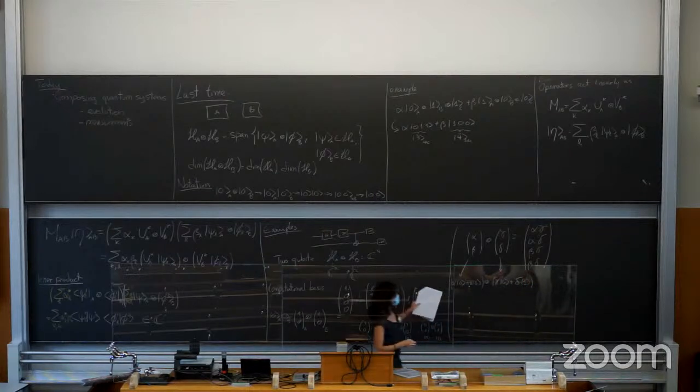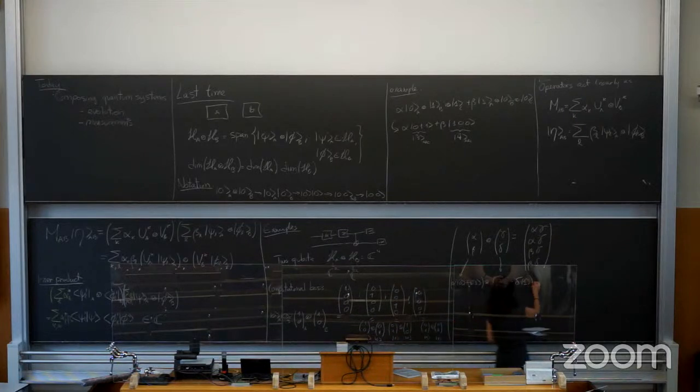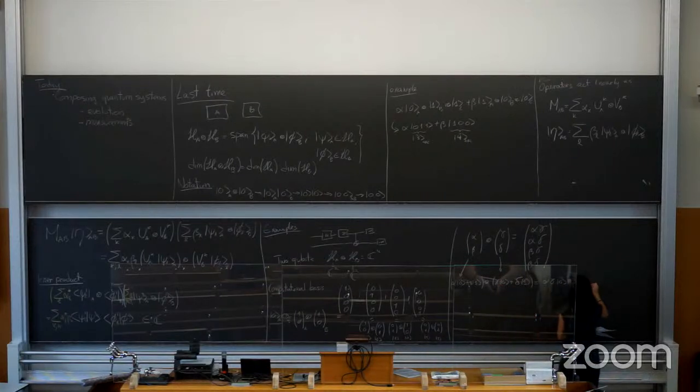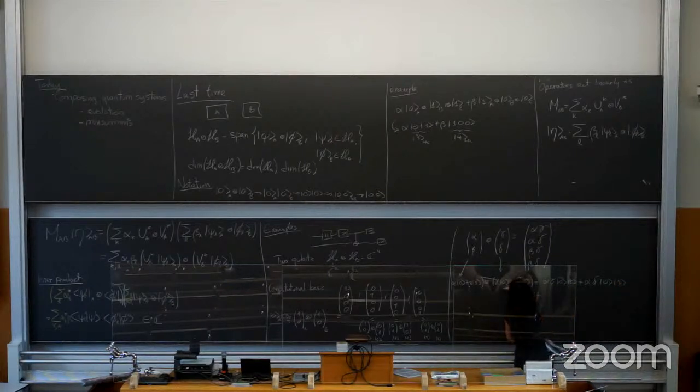Now I can expand it in Dirac notation, and we have 4 terms: alpha gamma 0, 0 plus alpha delta 0, 1 plus beta gamma 1, 0 plus beta delta 1, 1.